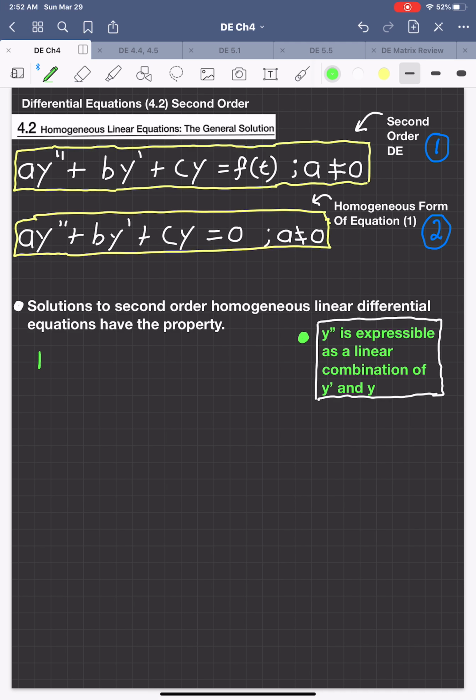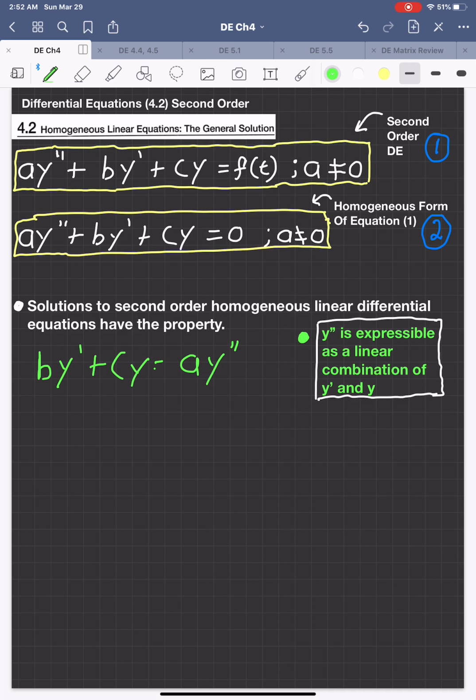I want to go ahead and write. So I would have b times y prime plus c times y, equal to negative a times y double prime. I'm sorry, let me give myself some space here.